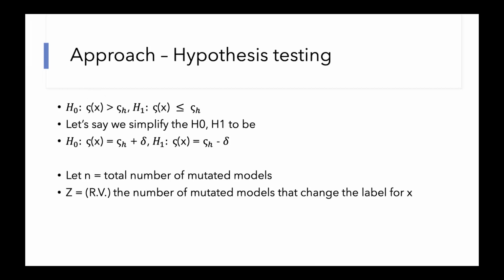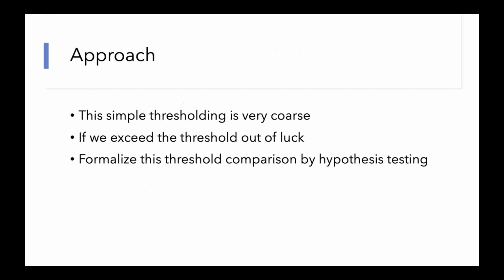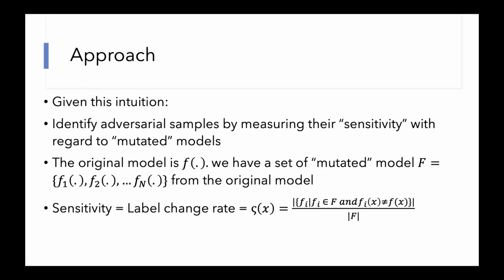Epsilon x is the label change rate. The numerator is actually a random variable because we don't know how many of the models can change the label of x.